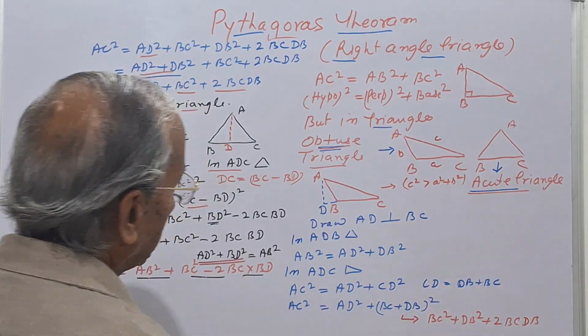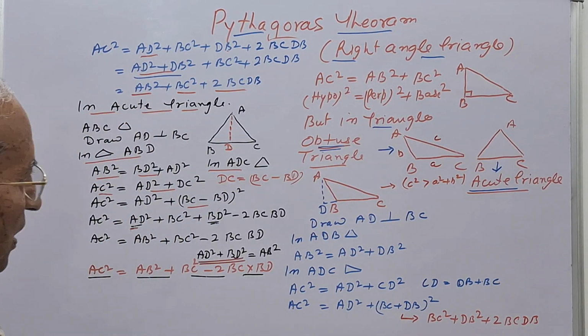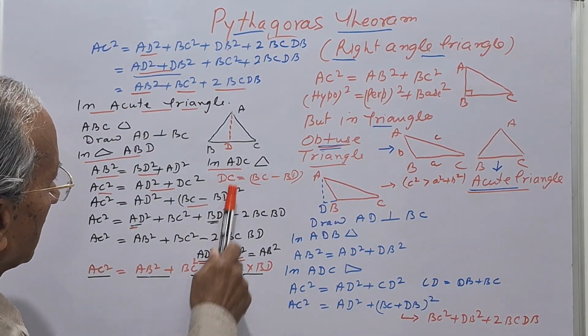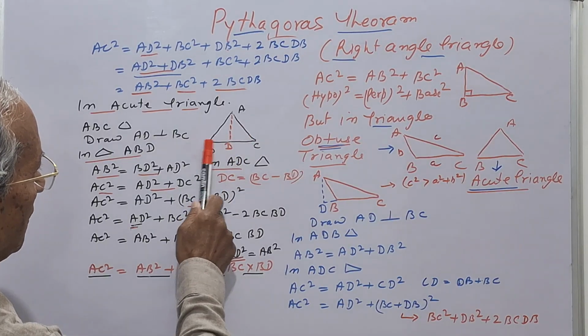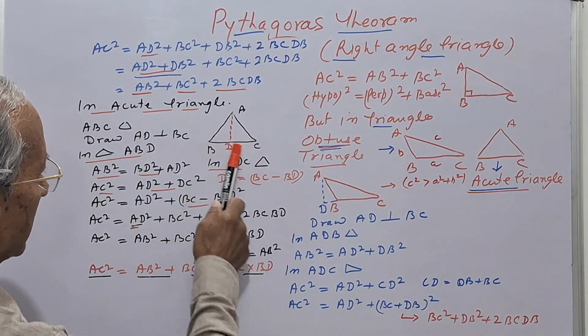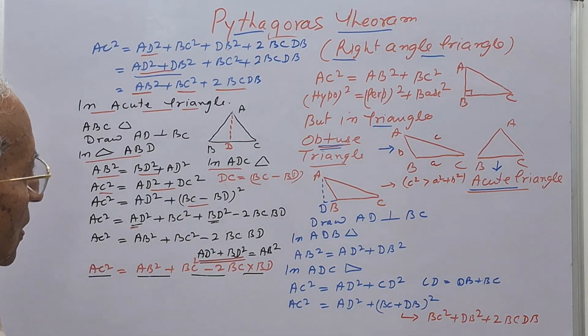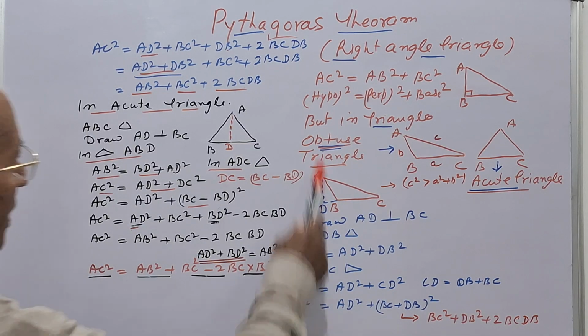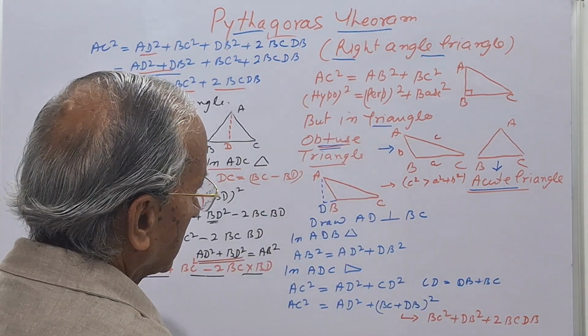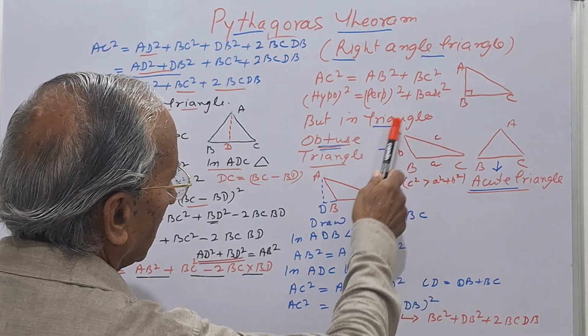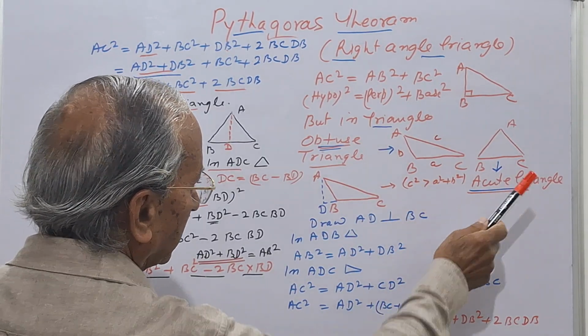But in the case of the acute triangle, there is a difference. Here DC is equal to BC minus BD. So this is how the Pythagoras theorem works in the case of the obtuse triangle and the acute triangle.